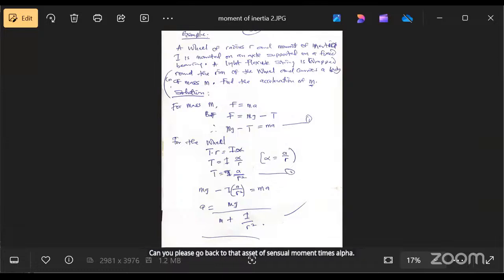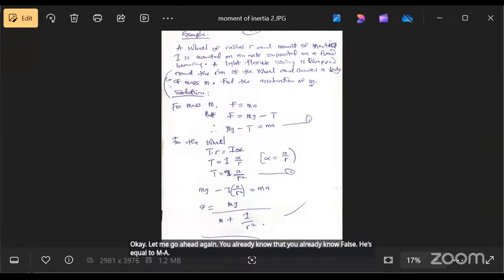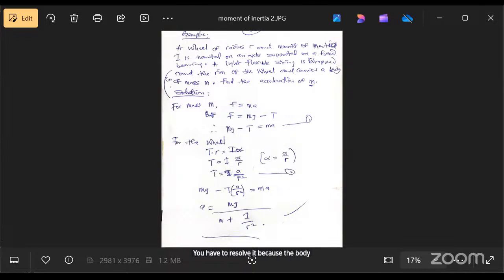Okay, let me go again. You already know that force is equal to MA. And again, I also said that force, you have to resolve it because the body is attached to a string.